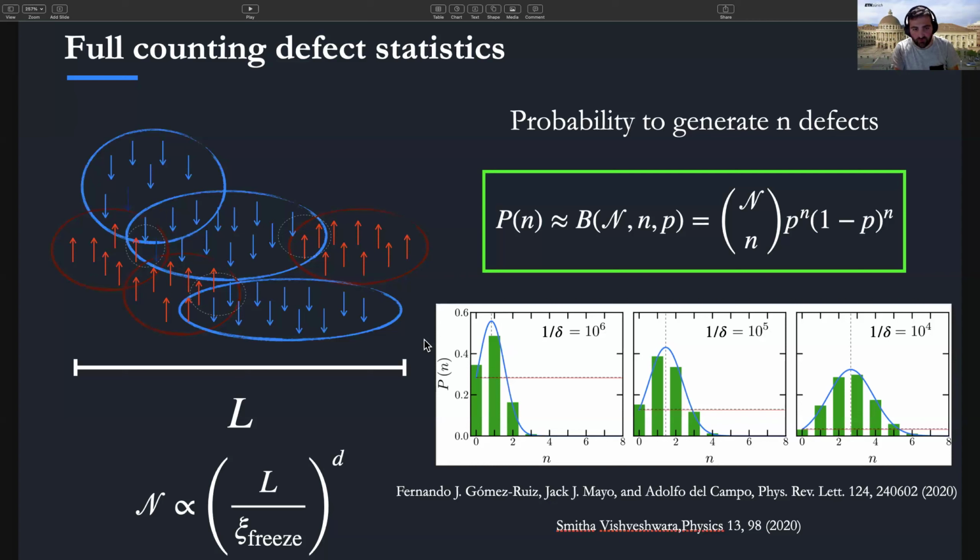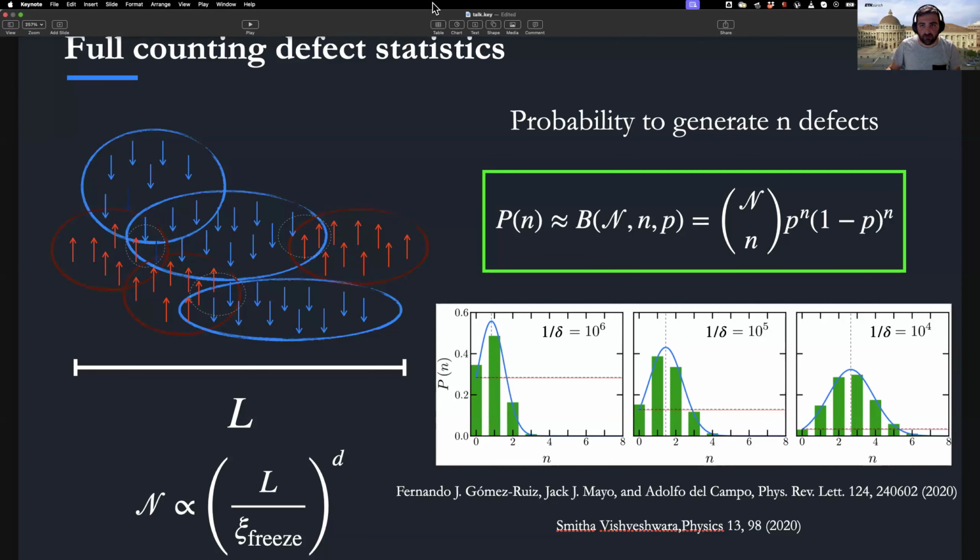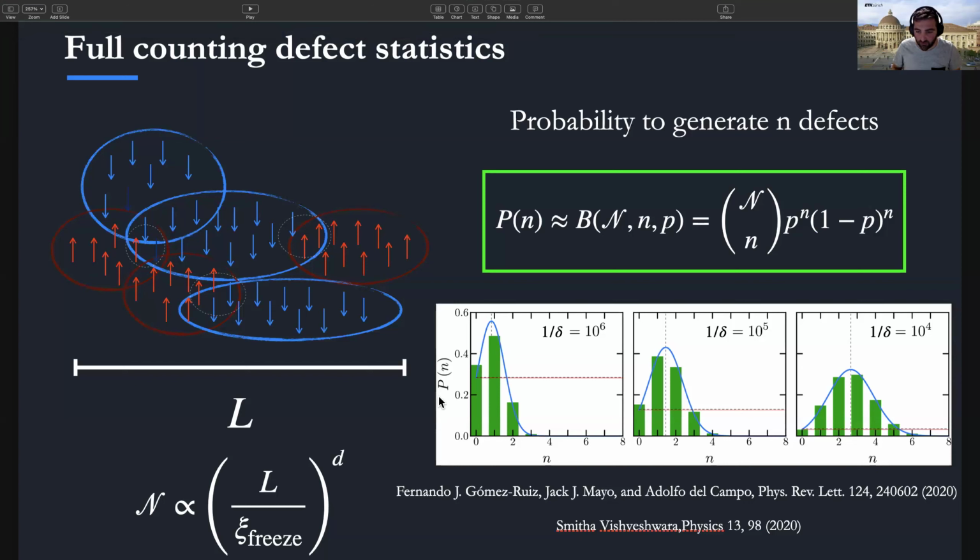Some time later, much more recently, in 2020, Del Campo and collaborators made a nice study, and they showed that one can also find universality not only in the excess energy, not only the density of defects, but also in the probability with which the defect is generated.